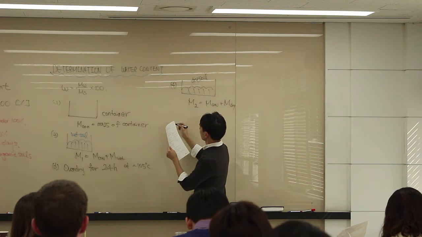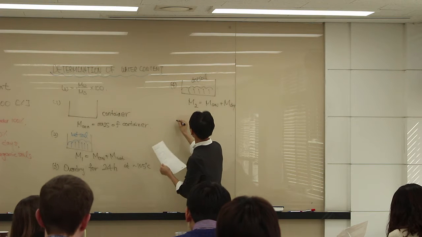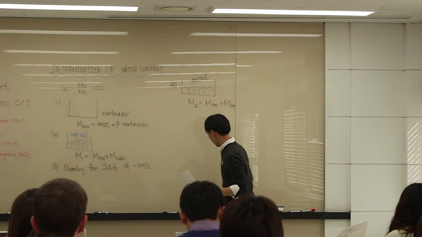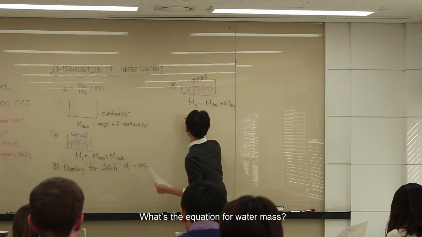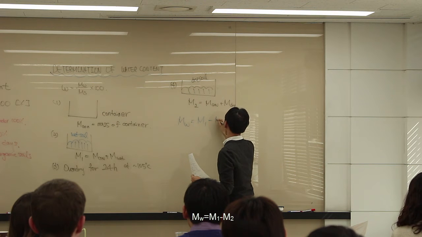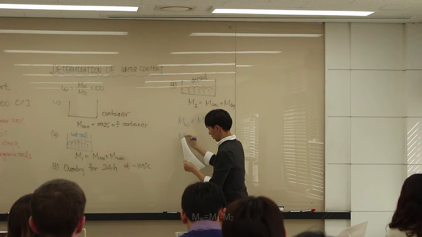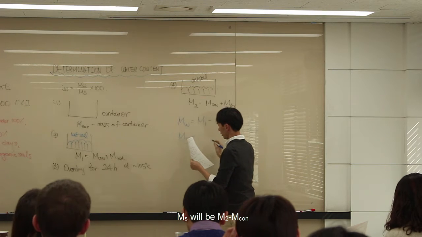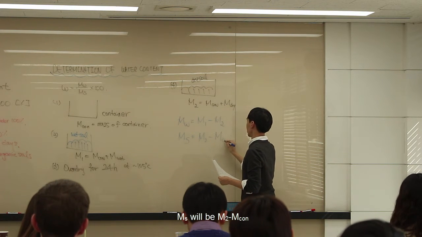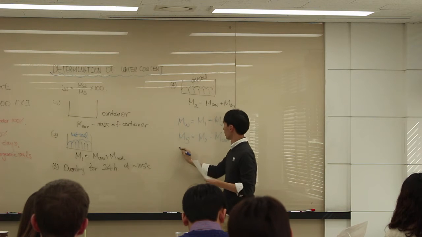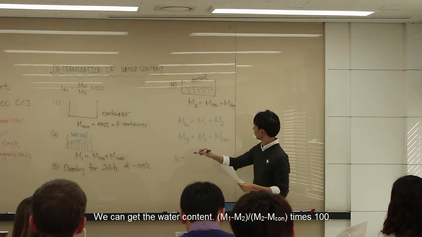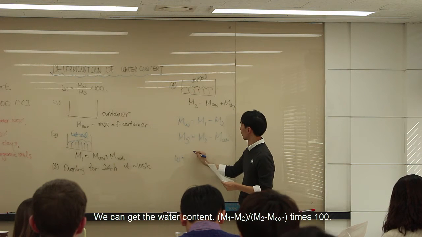Here I don't have to write it down, but the water mass, how much is the water mass? What's the equation to get the water mass? M1 minus M2. And the solid mass will be M2 minus the container mass, right? Then you can get the water content according to that definition. Okay?